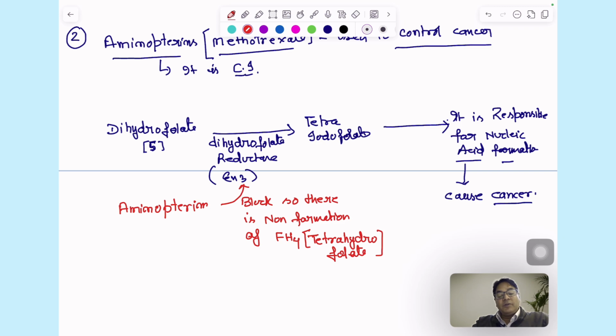So if the first enzyme has been blocked, the reaction will be blocked. There will be no formation of tetrahydrofolate, and then there will be no nucleic acid formation, and then we have no cancer. Cancer can be prevented somehow.